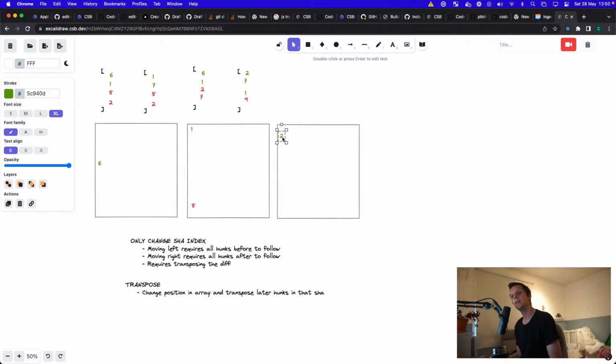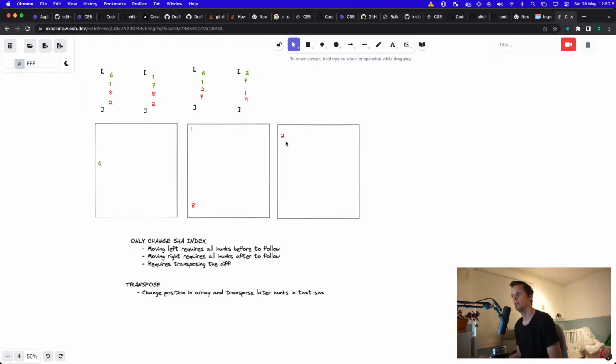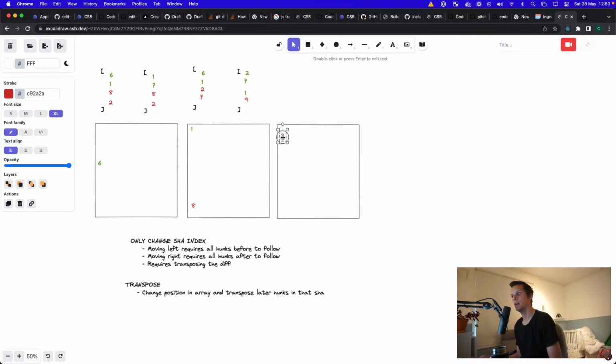But is that the case? Additions can be safely moved left and right using transpose, but removals can't. So again, if I move this over here, 8 becomes 9, perfectly fine. And it stays 9 when I move it over here, but now also 6 becomes 7, perfectly fine. But if that hunk has a removal, it means I can safely move it over here, and I can transpose this to be line 7 instead.